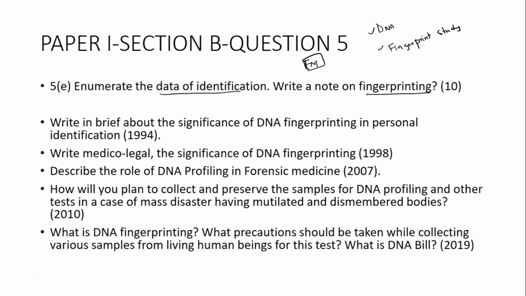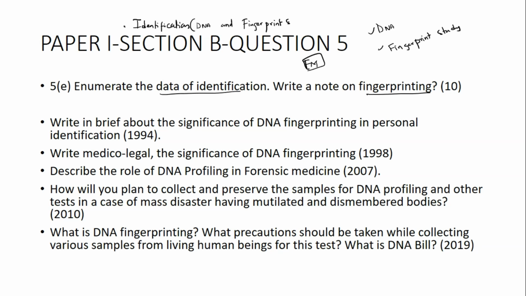Because the syllabus is like Gita, the syllabus is like Quran, because they'll never go out of the syllabus. They only play here and there with the terminology and words, but they always focus on it. So in the syllabus, it is given clearly that this is the identification. Identification can be a DNA and fingerprint study.